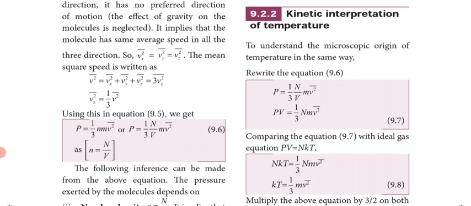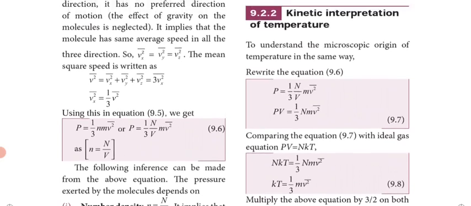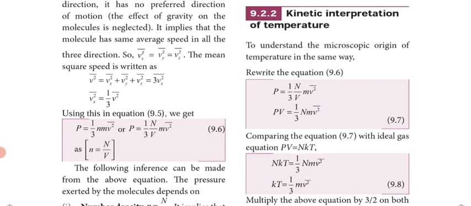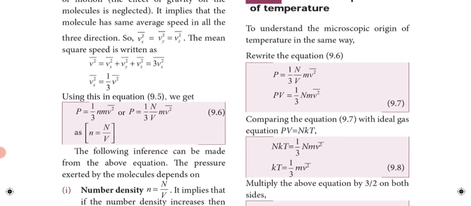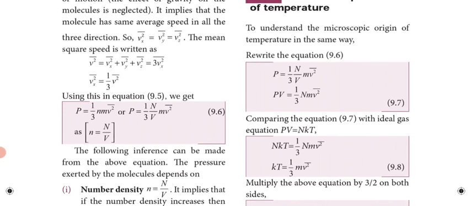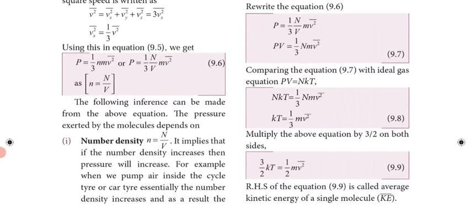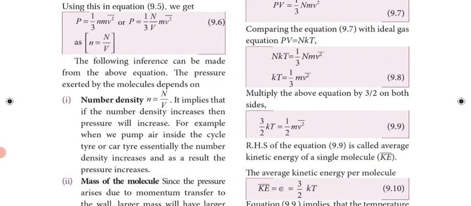That means V square bar is equal to Vx square bar plus Vy square bar plus Vz square bar, which is 3 Vx square bar, so Vx square bar is 1 by 3 V square bar. Substituting this, we get the simplified equation P is equal to 1 by 3 N by V m V square bar, and this N by V is nothing but small n.